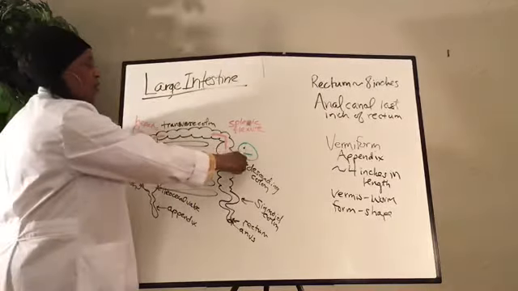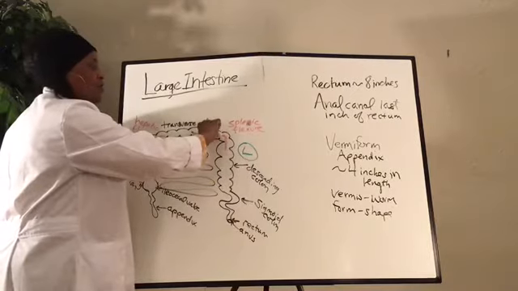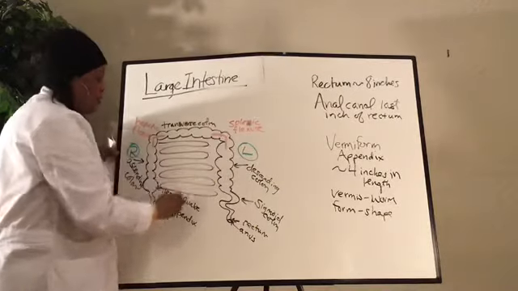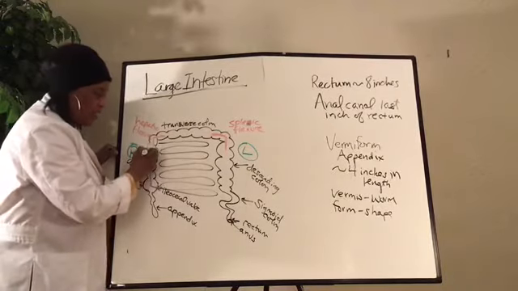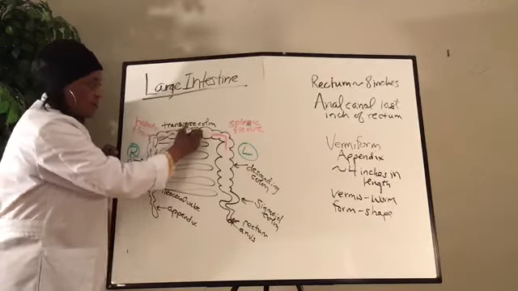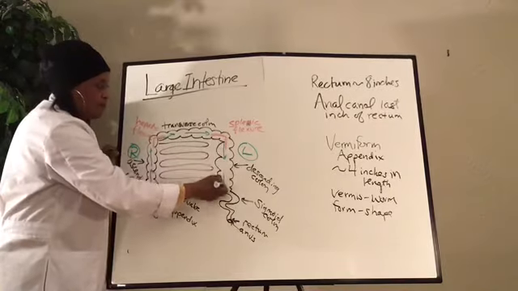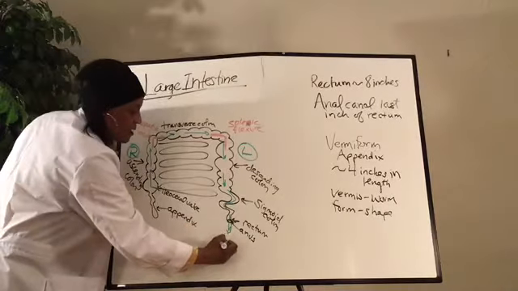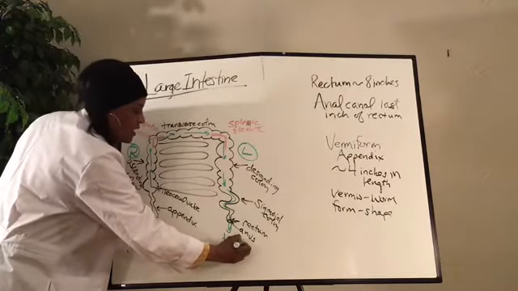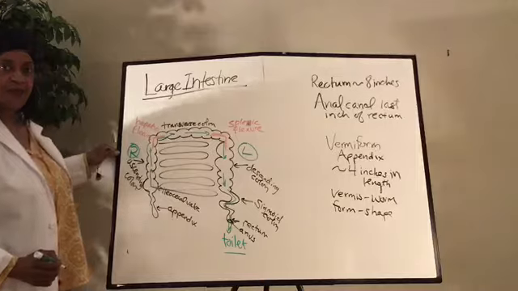And then on the left side, you have the transverse colon hooking up with the descending colon. Please note that the foodstuff is going in this direction, going around through here, and then I'm hoping into the toilet. That makes sense to everybody?